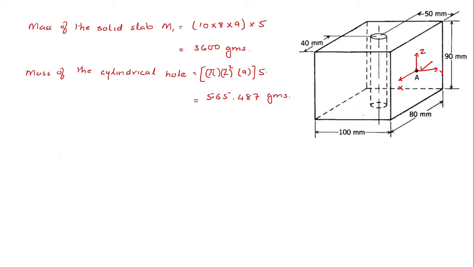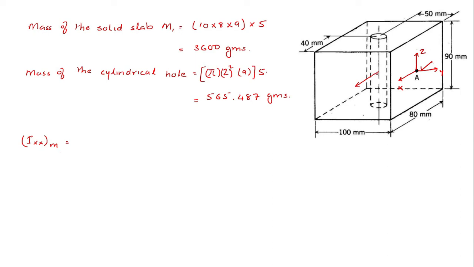Now next, I find the mass moment of inertia with respect to the x-axis. So you have this axis that is passing through this point to the point A that goes like this. So first, I can obtain the corresponding moment of inertia of the solid slab as well as the cylindrical removed portion with respect to the center of this corresponding block.